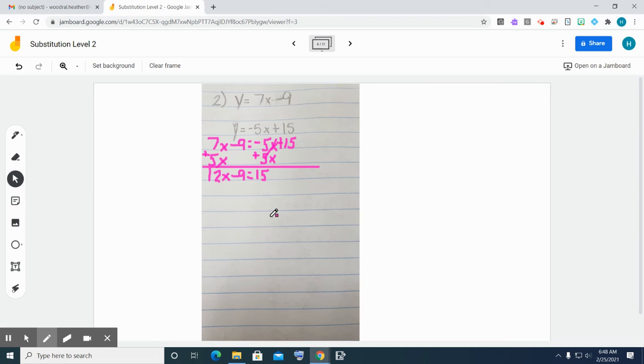The next step says to either add or subtract the number by itself. Here's the 9. It's being subtracted, so we're going to add it. So plus 9, plus 9. Those cancel, leaving us with 12x is equal to 15 and 9, that's 24.